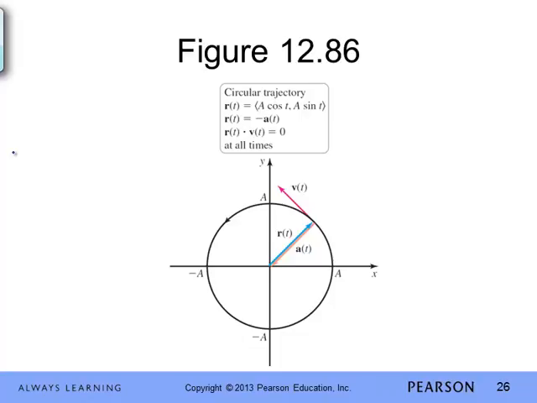That means that the derivative of this dot product is equal to 0. And then we could use the product rule for dot products.